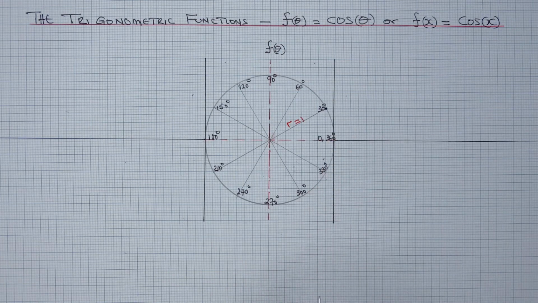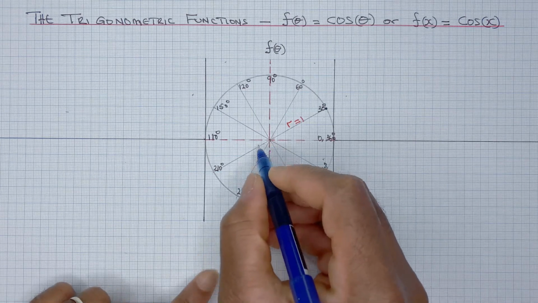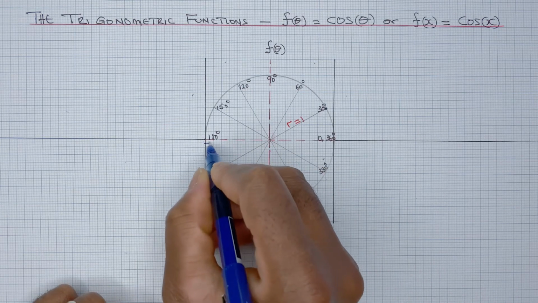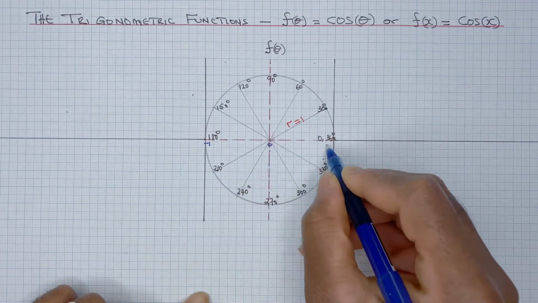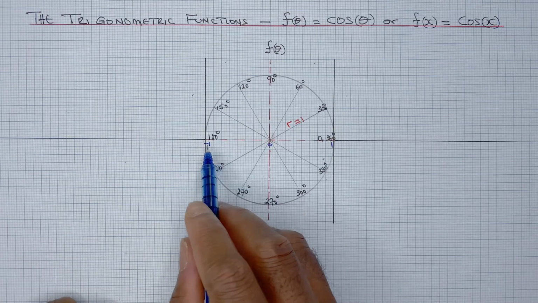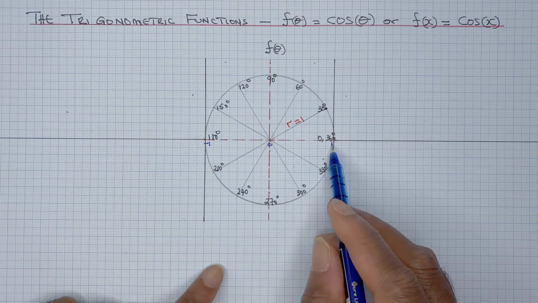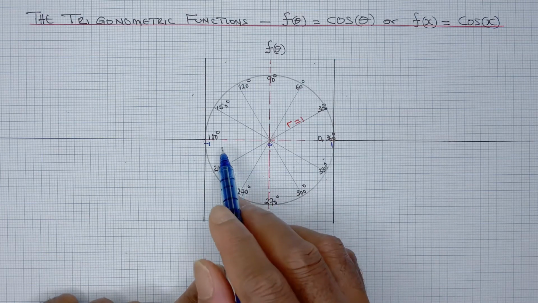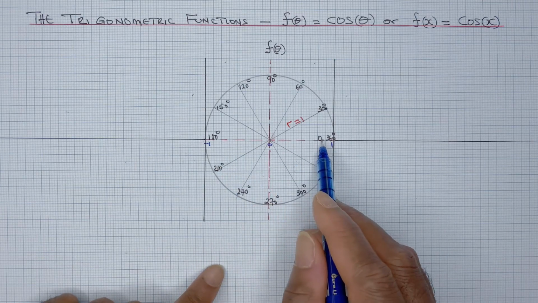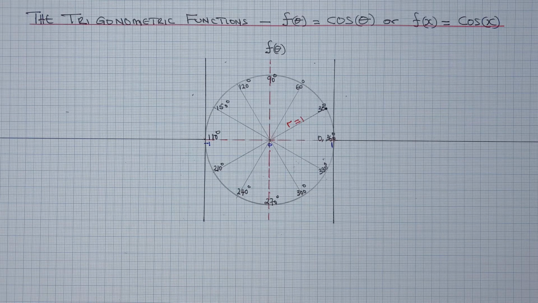So we're plotting for cosine, not the sine. So from this is minus 1 and this is 0 and this is 1. So the values of the cosine will vary from minus 1 to 1. So that will be the range. The domain is from 0 to 360. That's the domain.